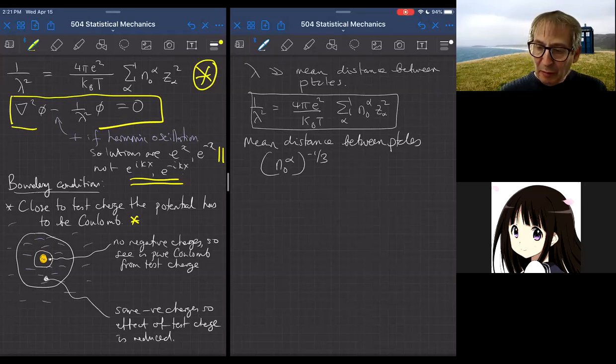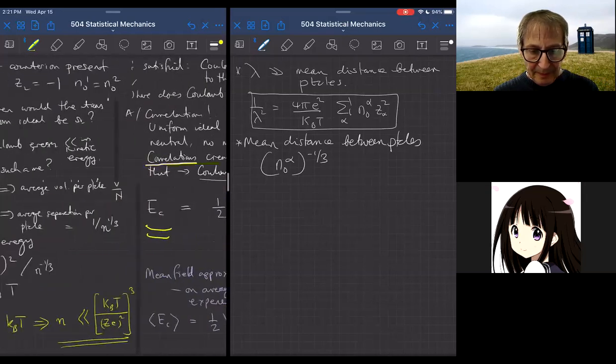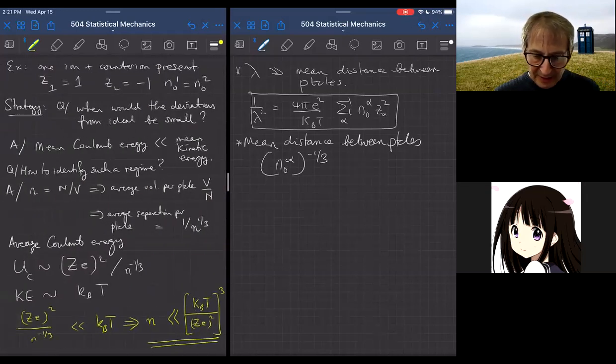Then if you plug that into this formula, what you end up with is the formula that we actually already saw, namely this formula.